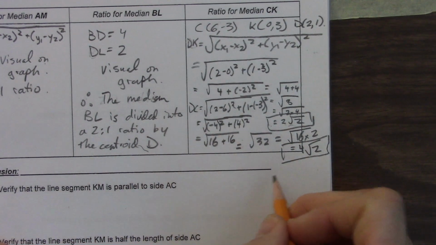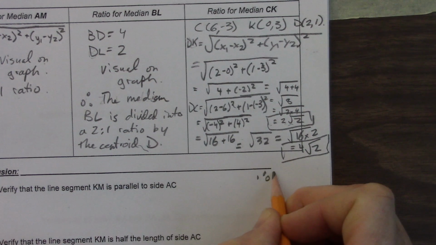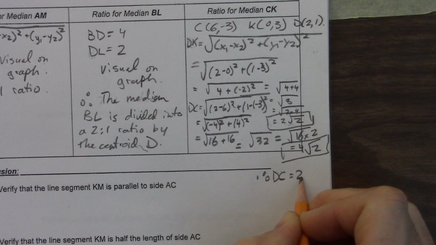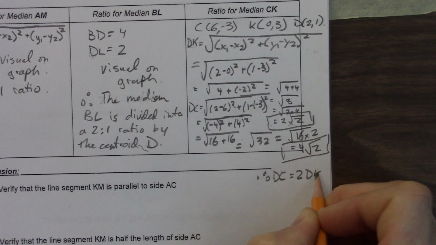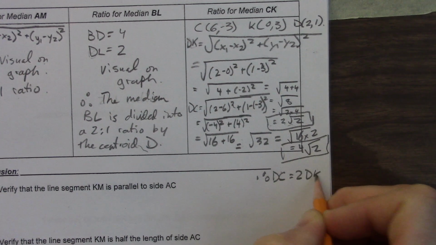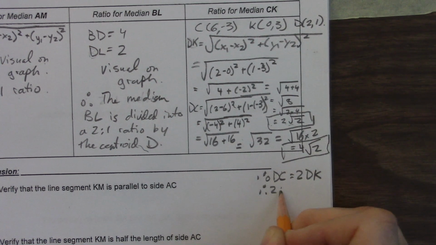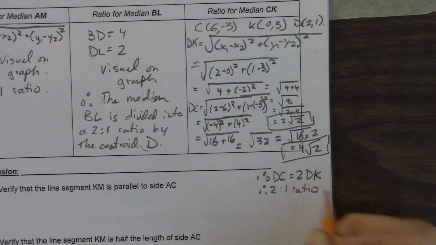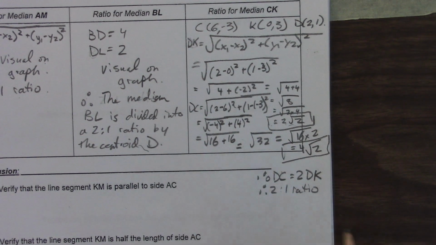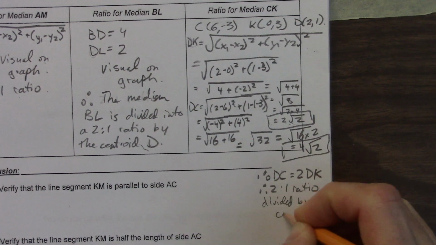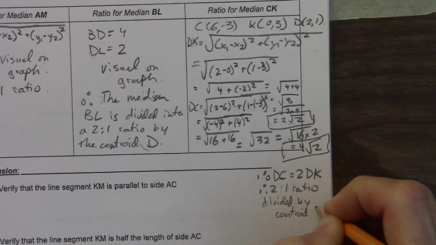So therefore DC equals 2 times DK. So we get that same 2-to-1 ratio divided by centroid D.